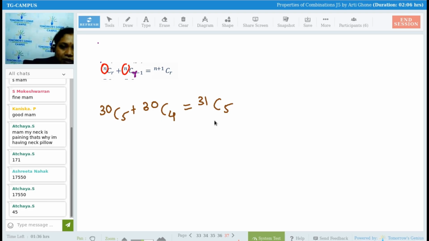Compare properly because here we have n equal to 30. r is the bigger number, so the bigger number is 5 and r minus 1 is the lesser number, which is 4. By this property, we can directly write 31C5.